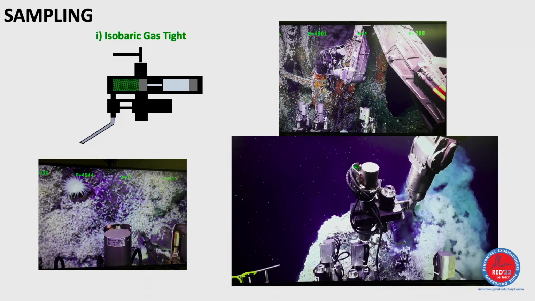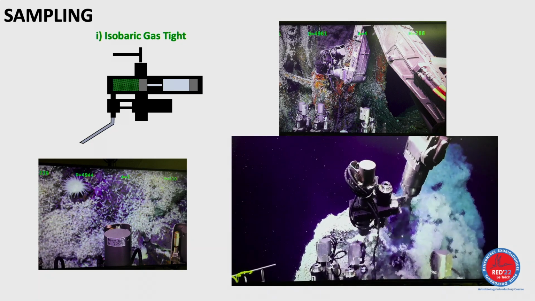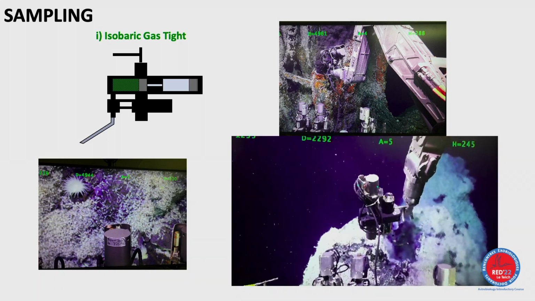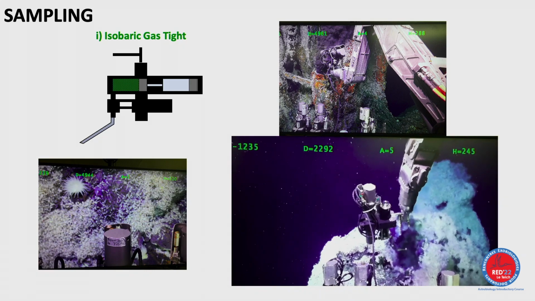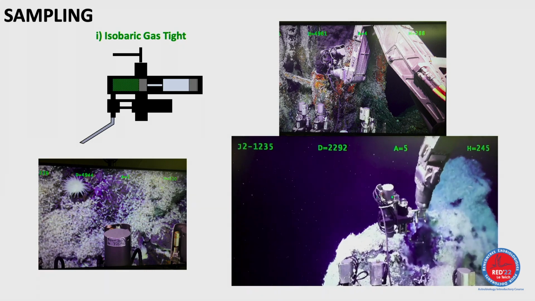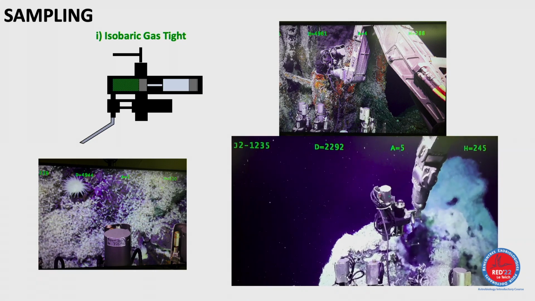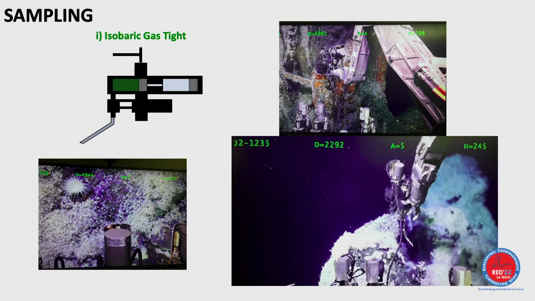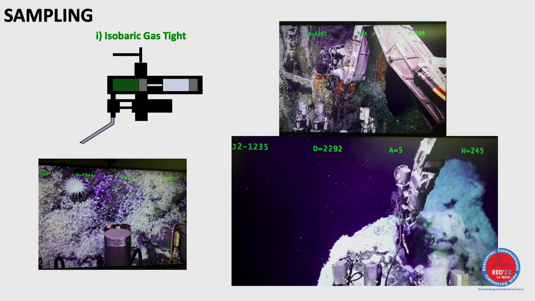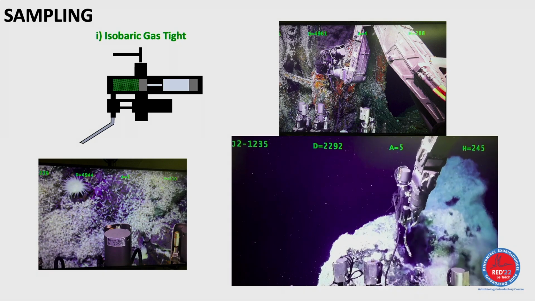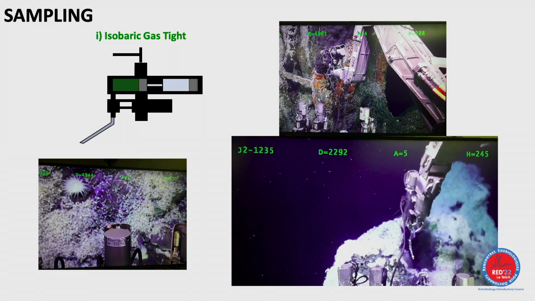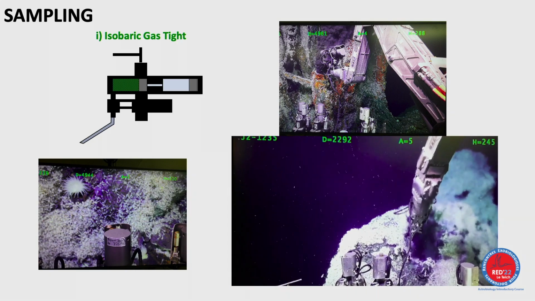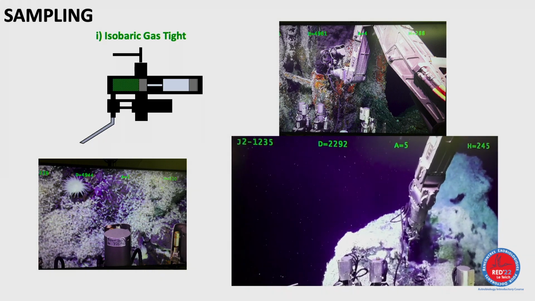And on the sampling hose, you have a thermocouple just to check the temperature of the fluids, and to make sure that you sampled the fluid you want, depending on what you're looking for, thermophiles or hyperthermophiles, for example. It takes approximately 15 minutes to sample the whole IGT. And you have several IGTs on the ROV, and they can serve for different sites.